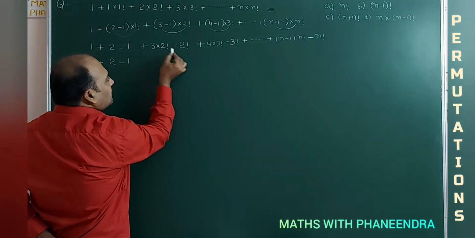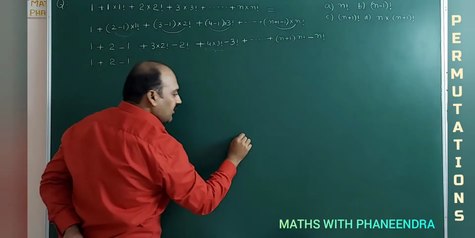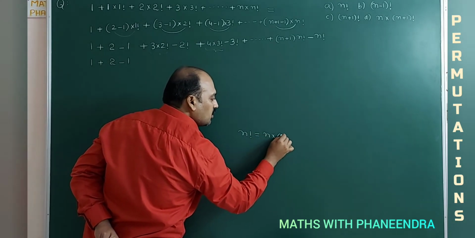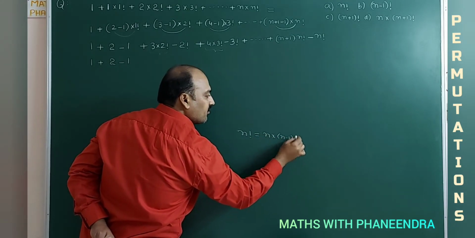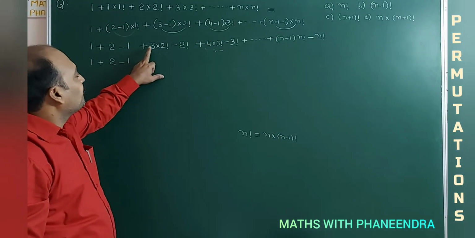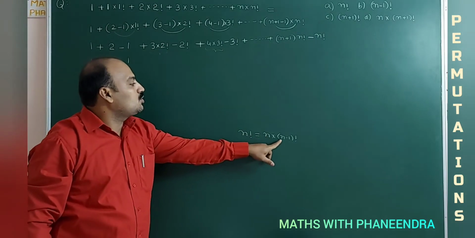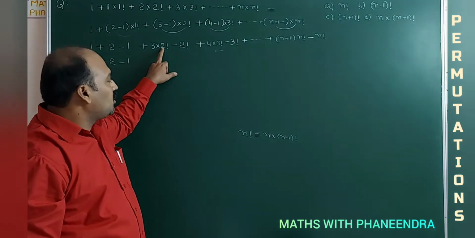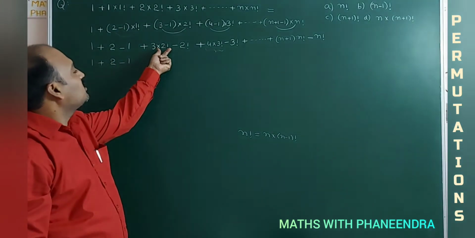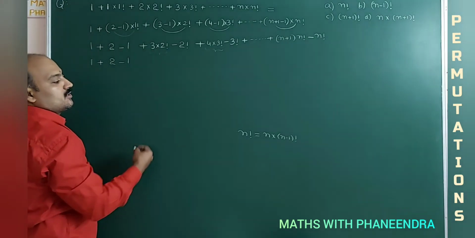In these steps, we have to apply the formula: n factorial can be written as n into n minus 1 factorial. So here also the same situation will be there. So 3 into 2 factorial, 2 can be written as 3 minus 1, no? So 3 minus 1 factorial into 3, which means 3 factorial, we can write it.